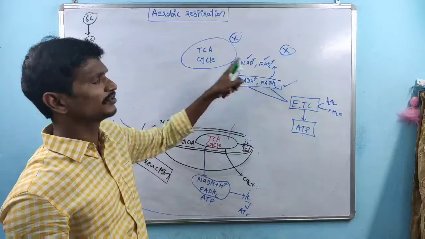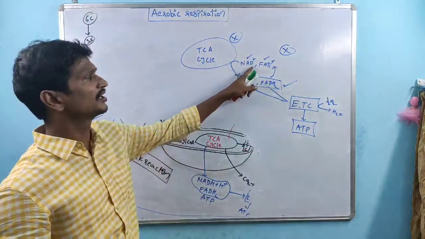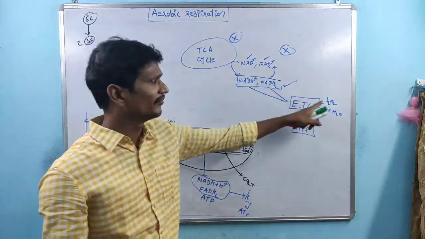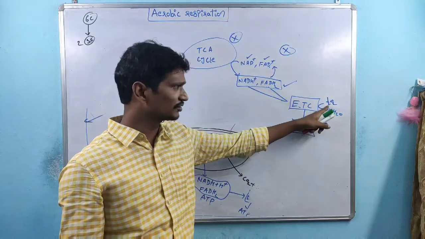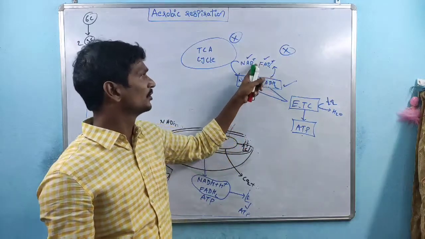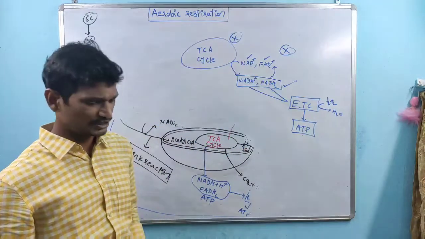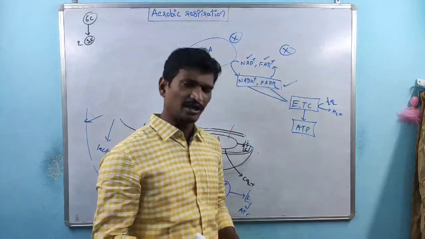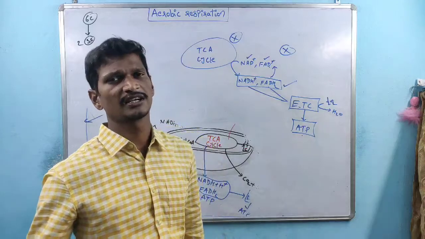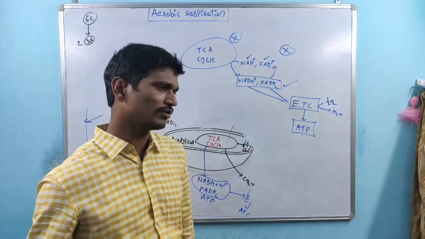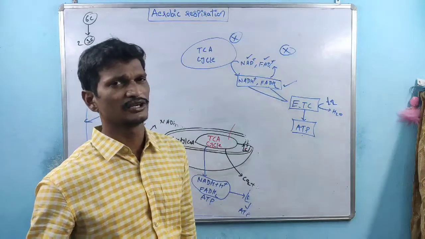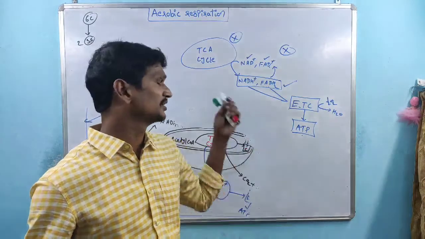When low energy compounds are available, the TCA cycle will occur. So oxygen is not directly involved in the TCA cycle, but indirectly interacts with the electron transport chain. That electron transport chain converts high energy compounds into low energy compounds, and those low energy compounds regulate the TCA cycle.